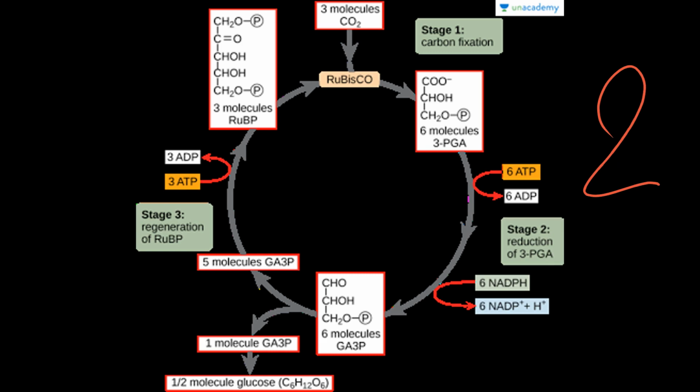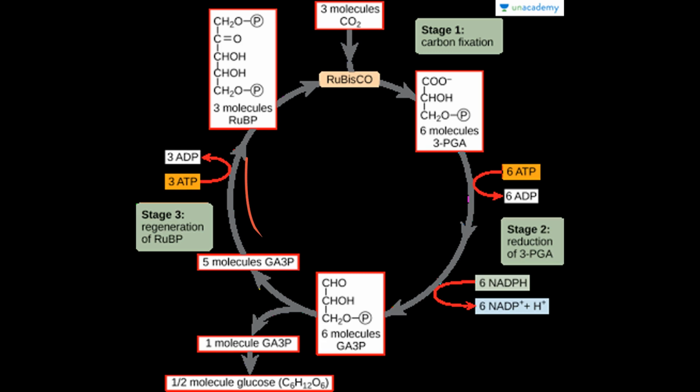So after 1 molecule of phosphoglyceraldehyde goes and helps in the formation of glucose or sugars, the 5 molecules of phosphoglyceraldehyde help in the regeneration of ribulose bisphosphate. Now these 5 molecules are present here, and regeneration takes place in the presence of ATP, where ATP is converted into ADP.